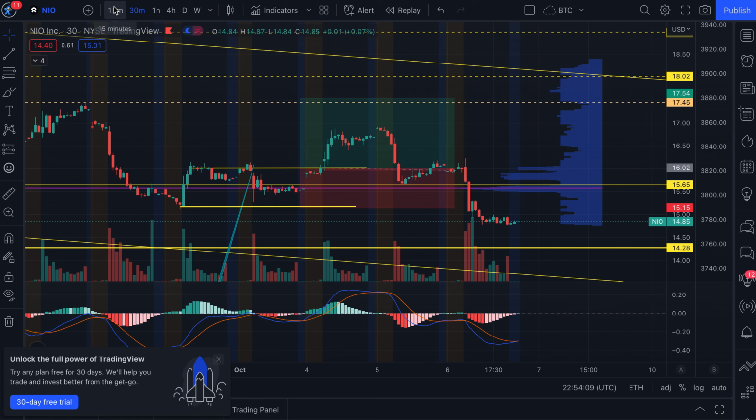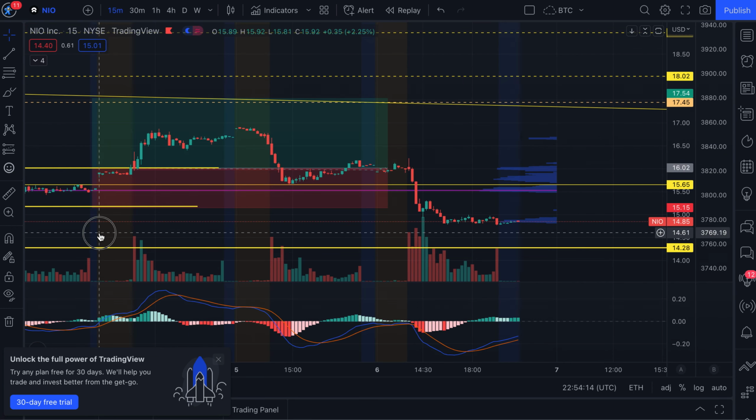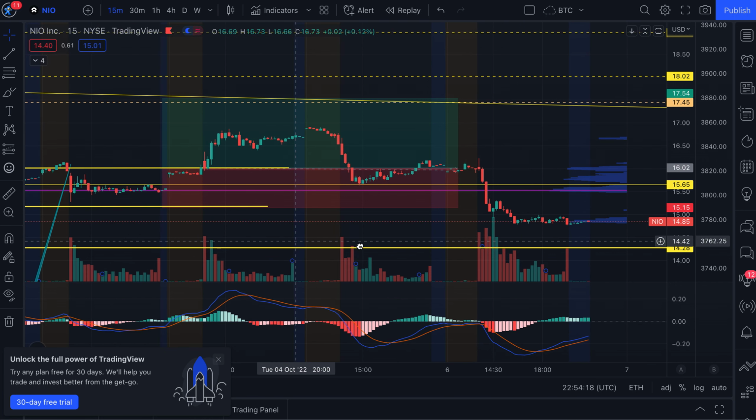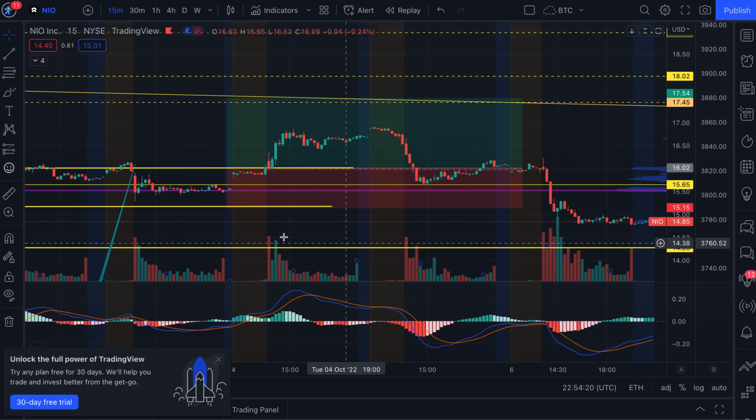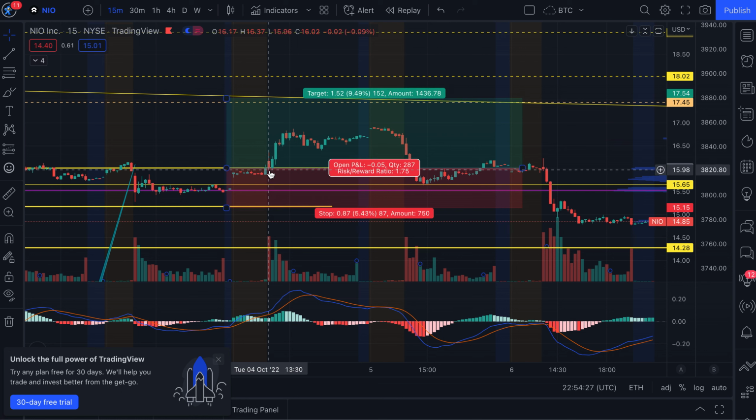This is the first 30-minute candle. Let's actually drill down into the finer 15-minute one. Okay. And as you can see here, on the beginning of Tuesday, it breaks above, but it actually closed right on it.